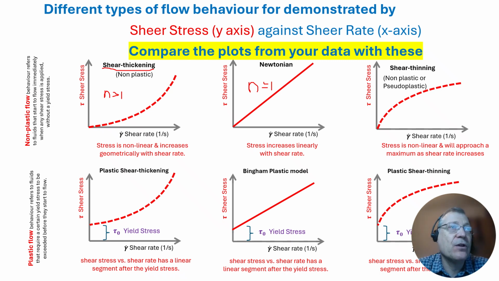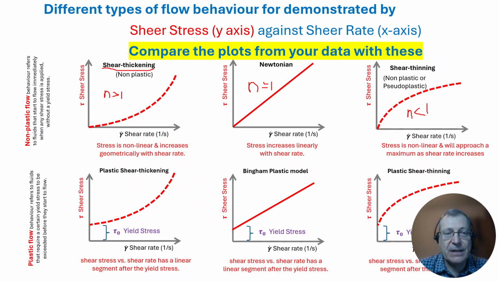Now what we have over here on the right hand side is if n is less than 1, and this is really where we'd expect most of your creams and ointments to sit. If n is less than 1, for example n equals 0.5, the line curves in the opposite direction.